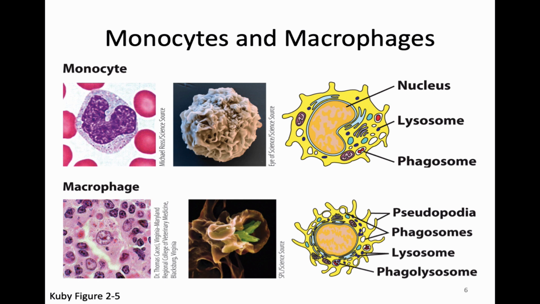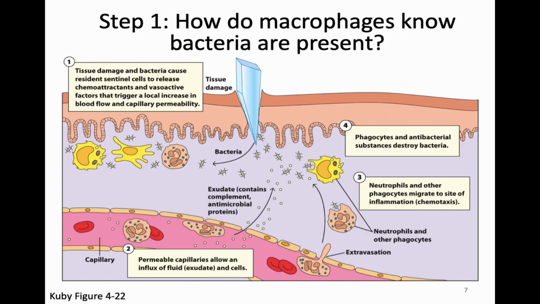And of course, that macrophage will live in tissue. It may be a microglia if we're in the brain, a Kupffer cell if we're in the liver, or a Langerhans cell if we're in the skin. And so the first response that we are going to see is the response of one of these tissue macrophages.